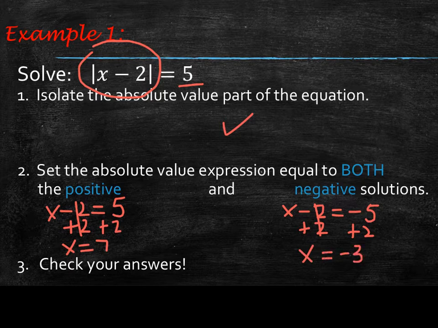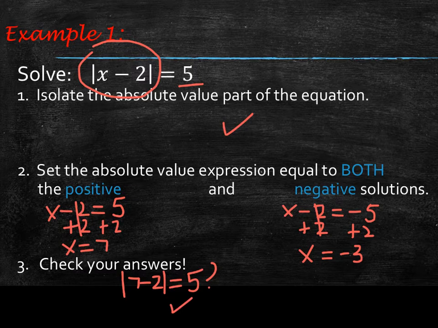And now let's check our answers. So we're going to plug in 7 for x. So the absolute value of 7 minus 2, does that in fact equal 5? And yes, it does.